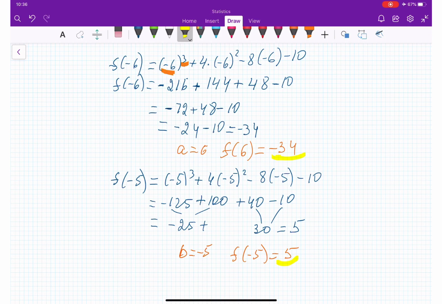Another way to say it: since f of negative 5, which is 5, is greater than 0 and f of negative 6 is negative 34, we have a real zero between negative 6 and negative 5.